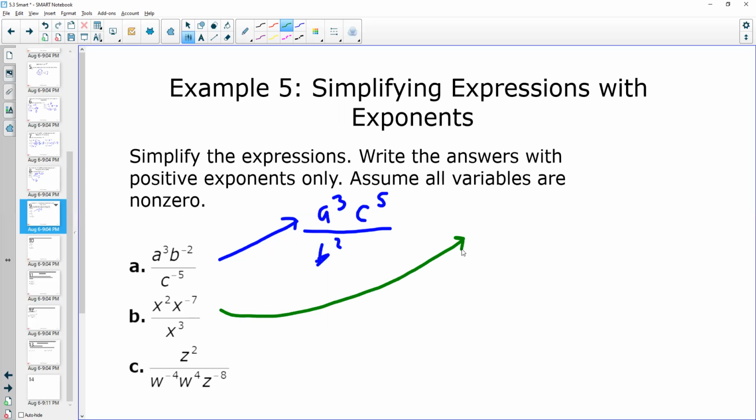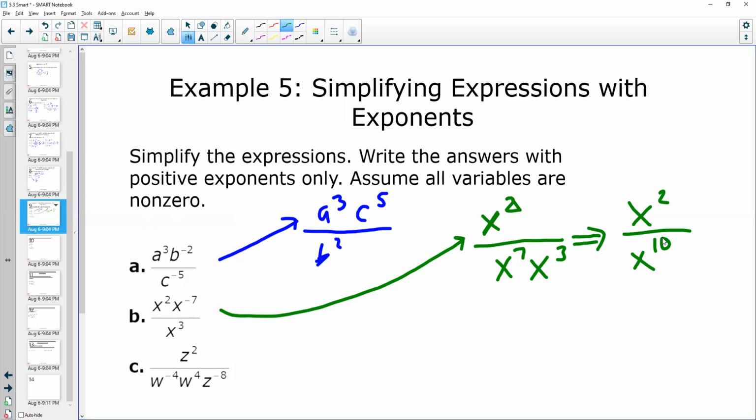For b, I'm going to do the same thing. So I have x squared, that stays where it is. X to the negative 7th goes down to the bottom, x to the 7th. And x to the third stays in the bottom. There's no negative exponent. Now I need to simplify the x's. So I have x squared on top, and I have x to the 10th on the bottom, so we added those. And then I can subtract.